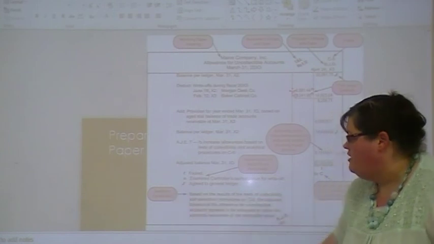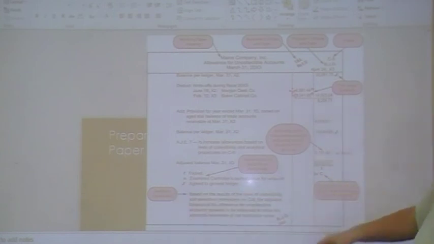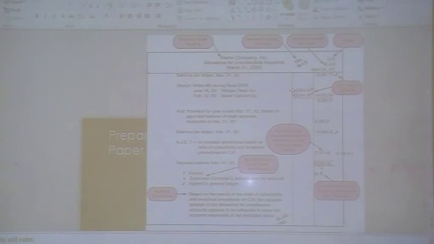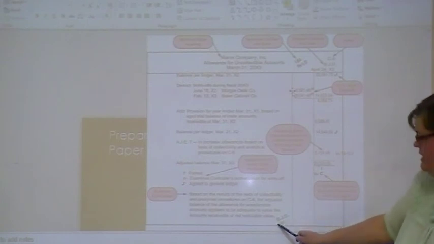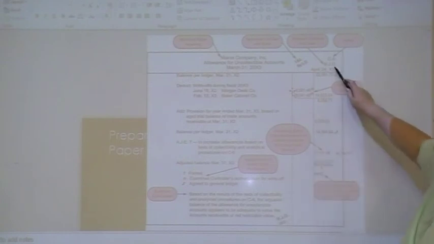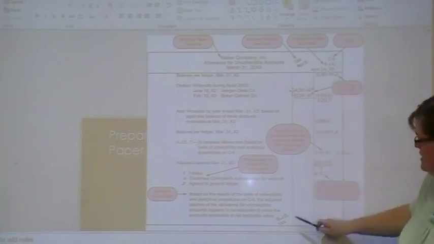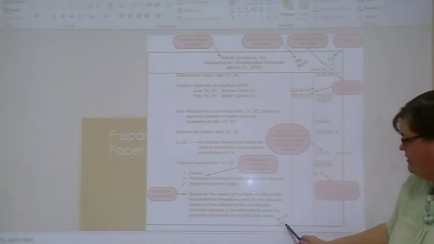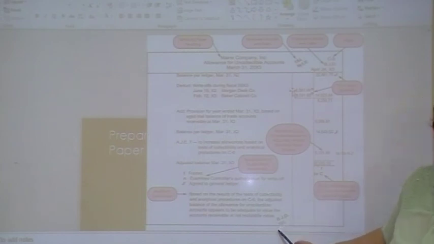And then the auditor's conclusion. Based on the results of the test of collectability and analytical procedures on C6, the adjusted balance of the allowance for uncollectible accounts appears to be adequate to validate the account receivable at net realizable value. Okay, and then it's the name here, prepared initials and date, and they have their initials down here, and this is probably whoever reviewed it after who has put their initials here as well.